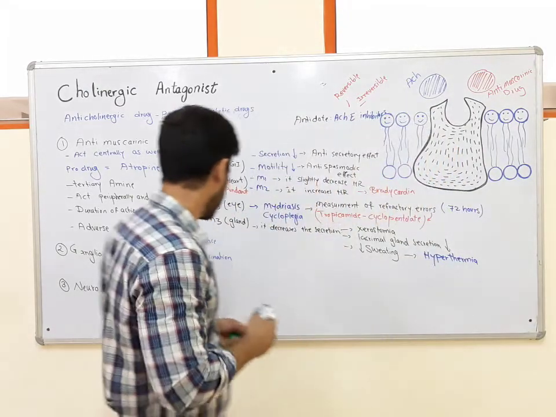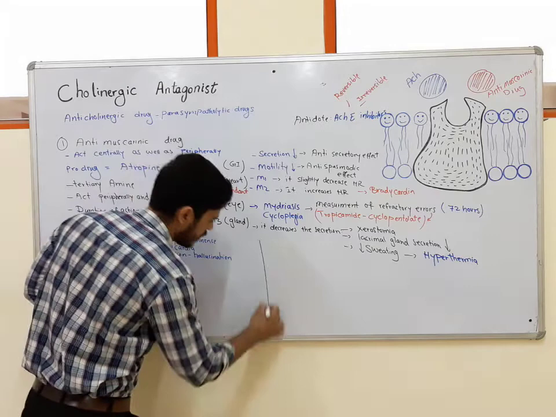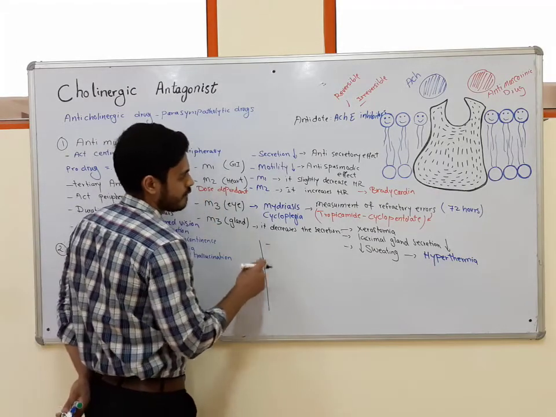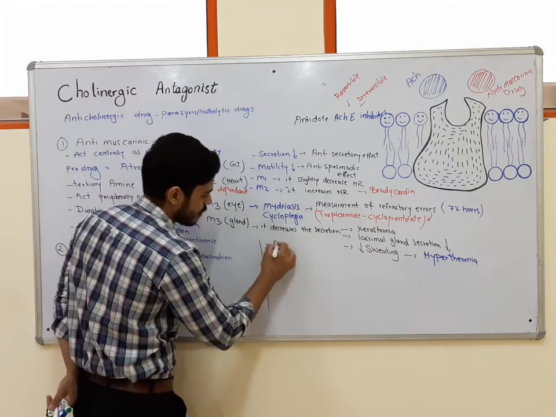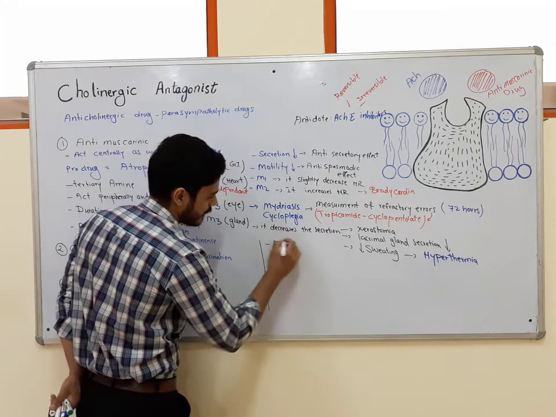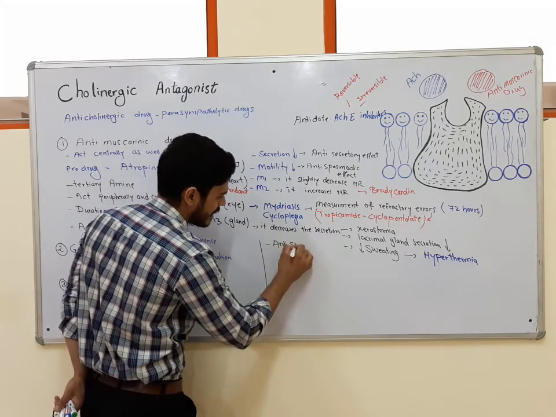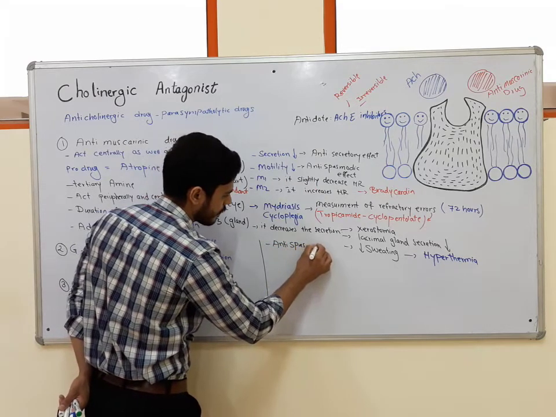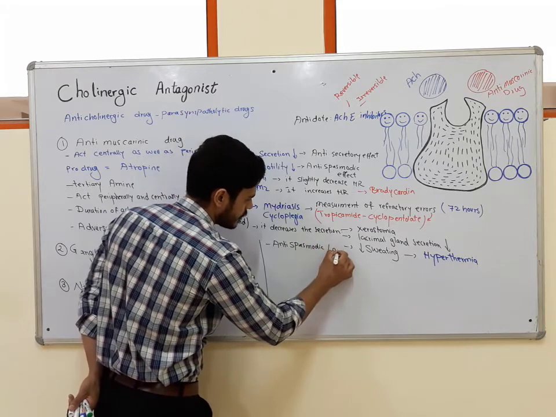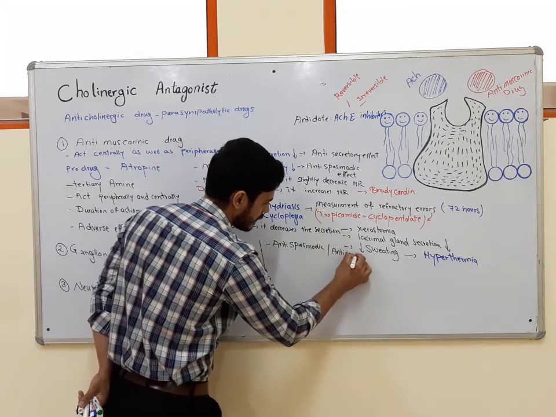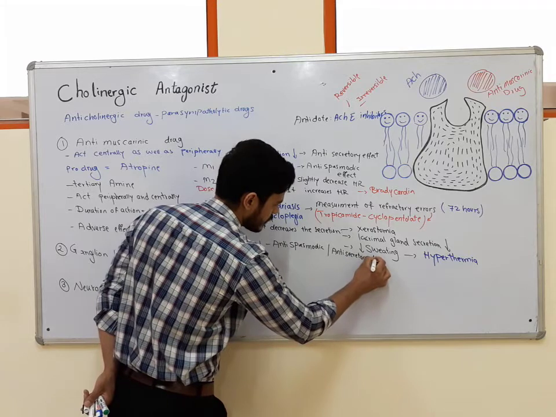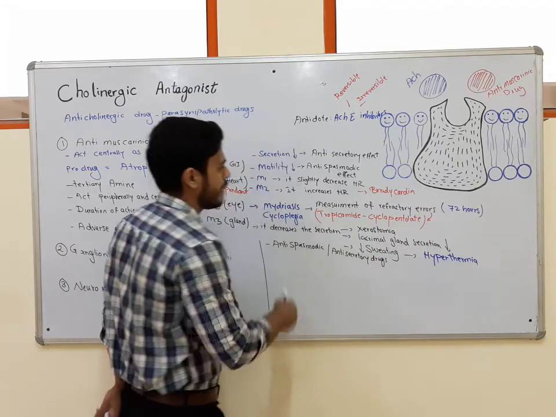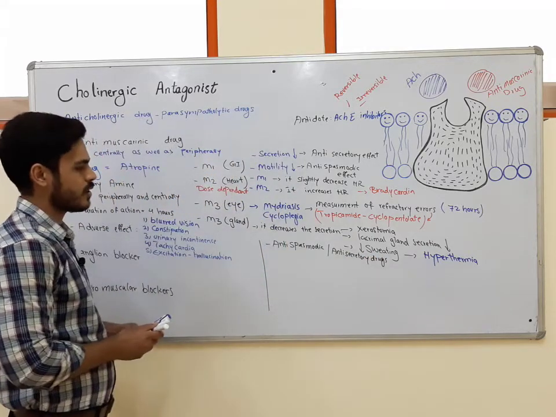So what is the classification for these drugs? We can use them for treatment of spasm, so we can classify them as antispasmodic, anti-secretory drugs. For example, atropine is one of those drugs.